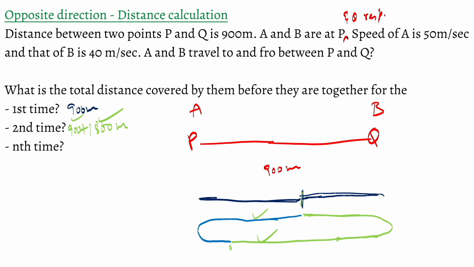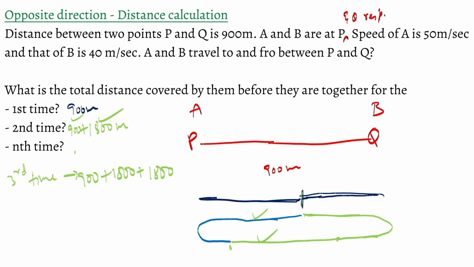Of course this is nth one, but for better understanding, what about the third time? How much A and B covered before they are together for the third time? That is one more 1800, right? 900 for the first time, 1800 for the second time, and for the third time it's one more 1800. What about nth time?